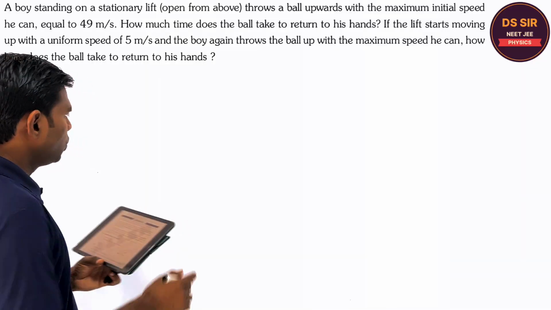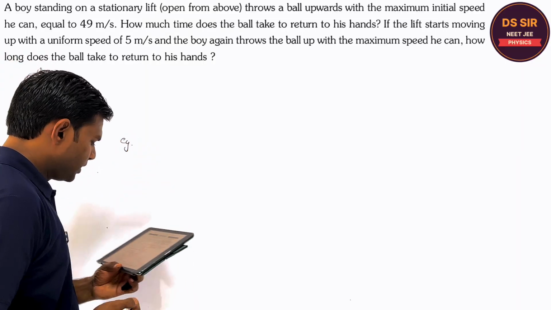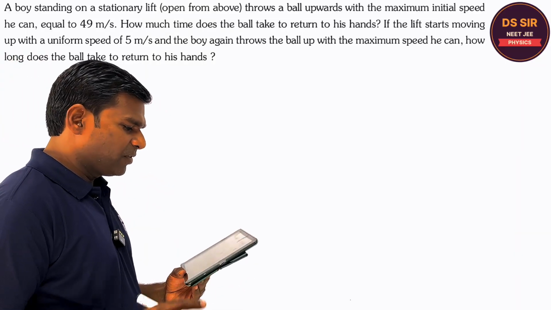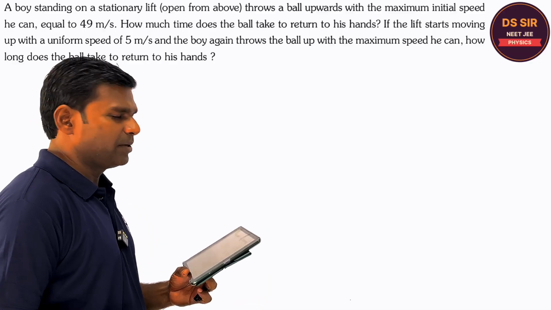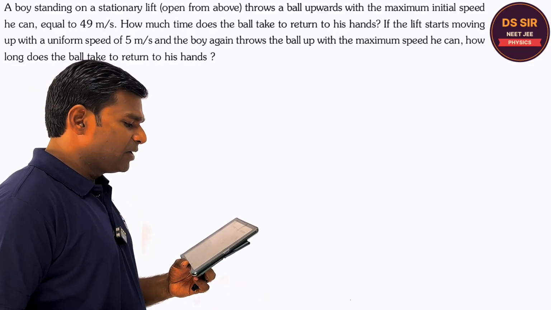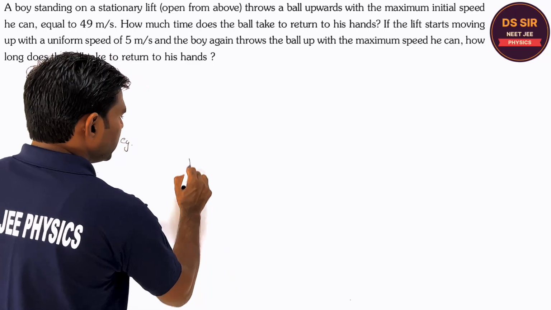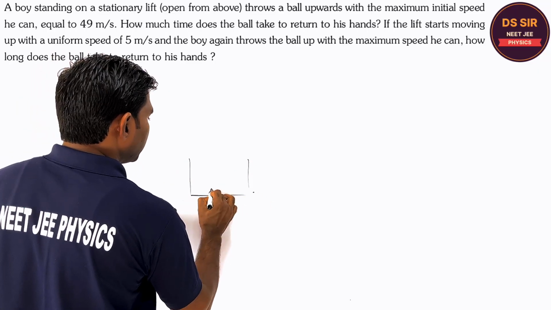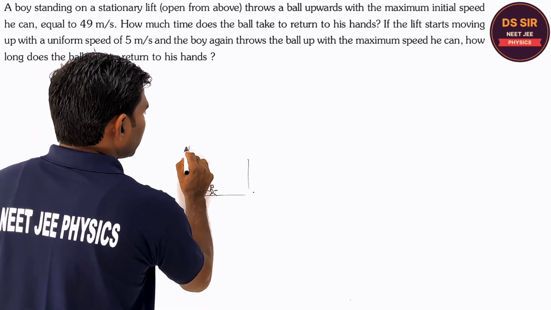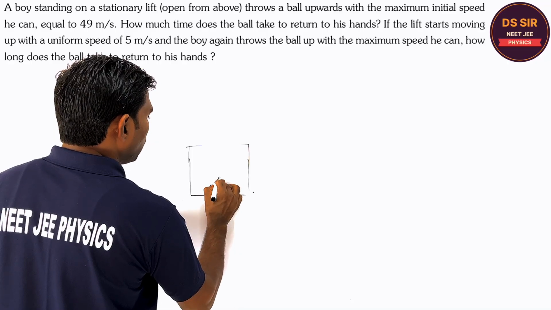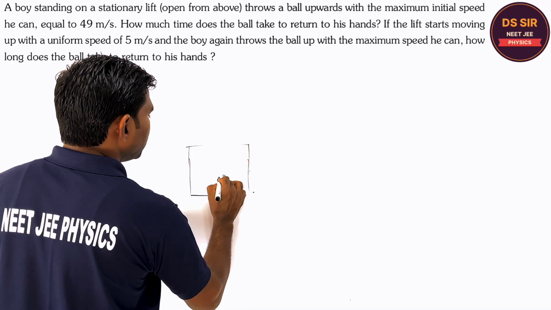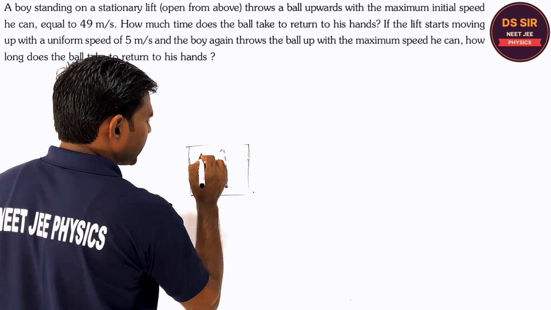Copy this. So in this example, you can read: a boy standing on a stationary lift throws a ball upward with maximum initial speed 49 meter per second. How much time will it take to return to his hand? Initially, suppose this is the lift, the boy is standing on the lift, and this is the ball, right, and he throws this ball with speed u, and it comes back to his hand.